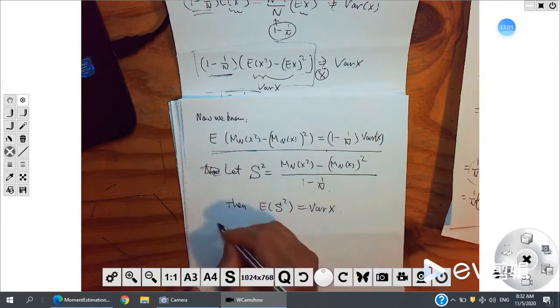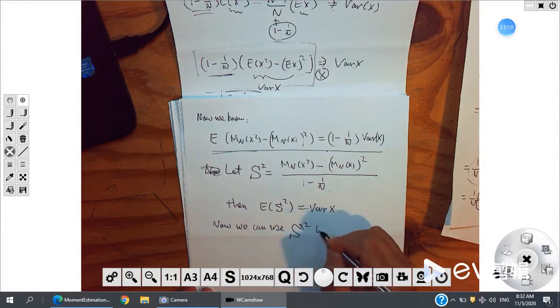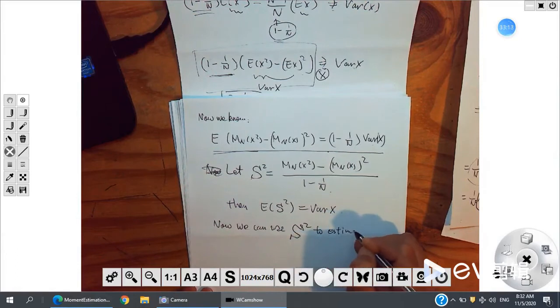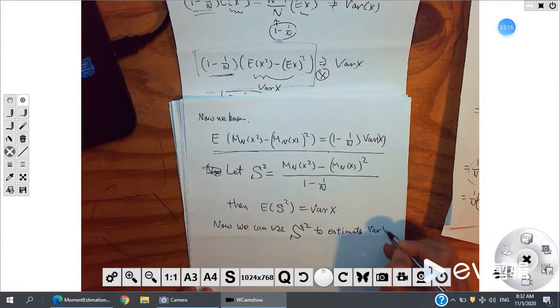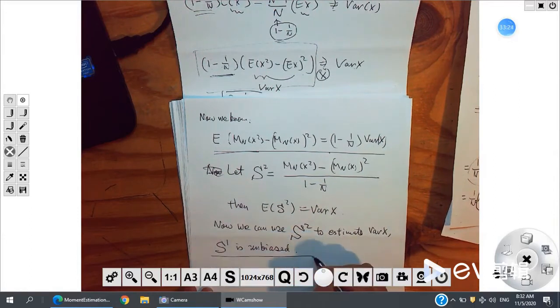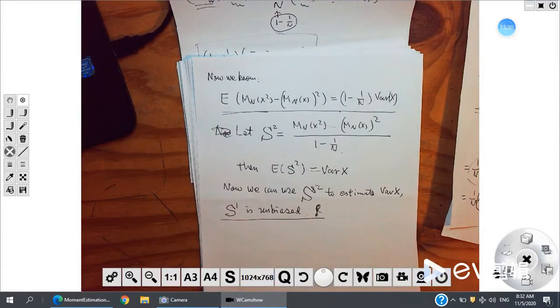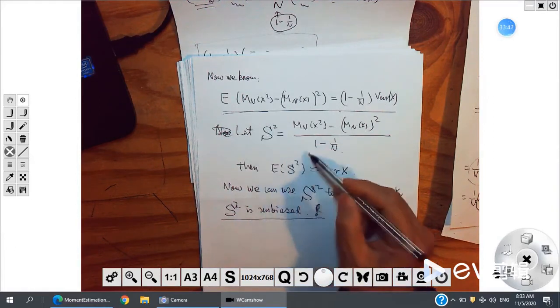Alright, now we can use s squared to estimate the variance of x. S squared is unbiased. So we have a new estimator, and this estimation is unbiased.